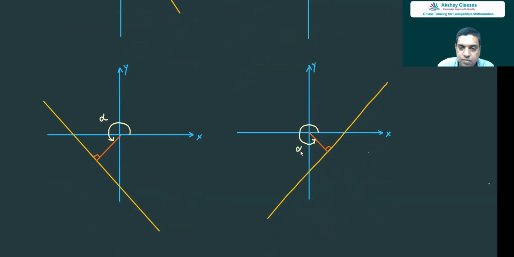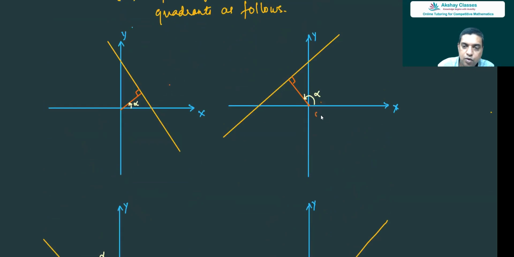This is alpha. This length is P. O, P length is small p in each case.